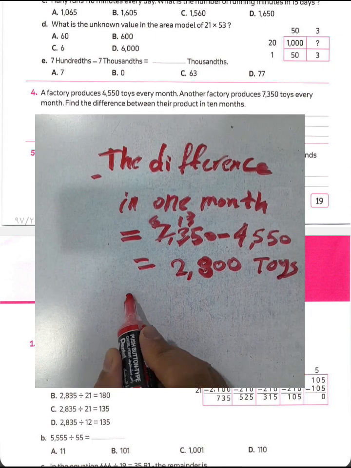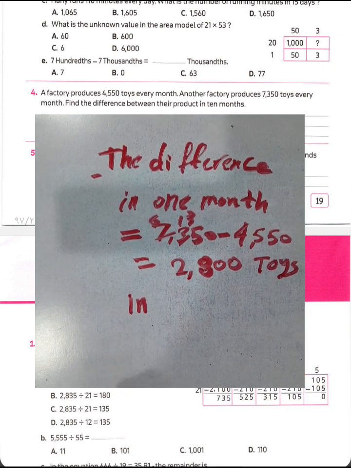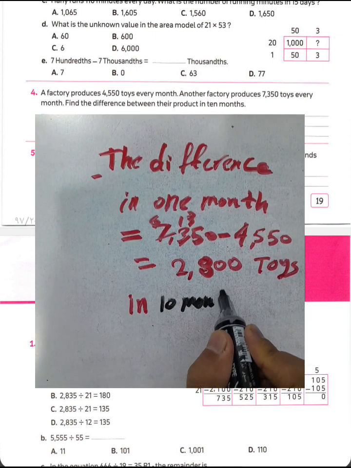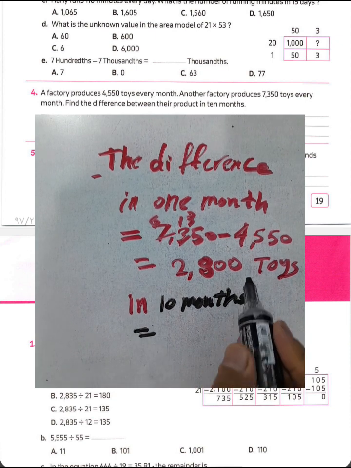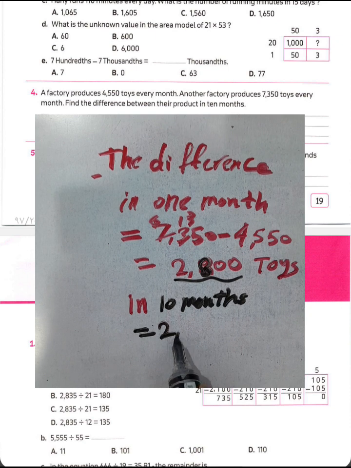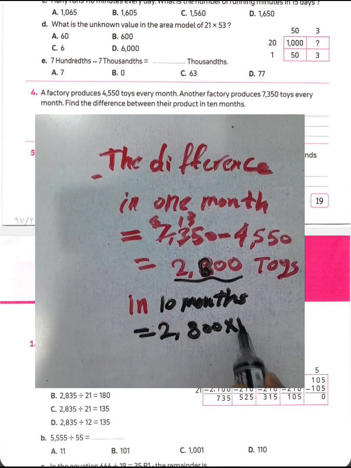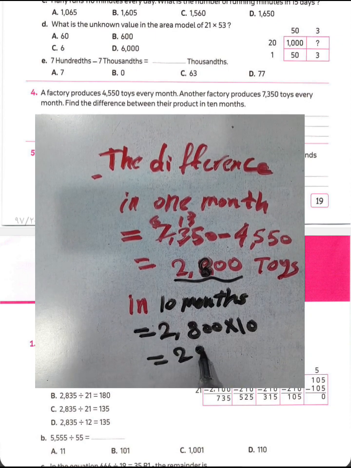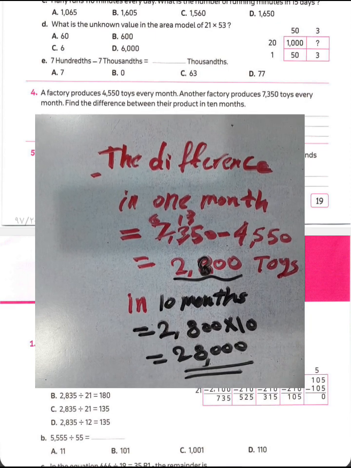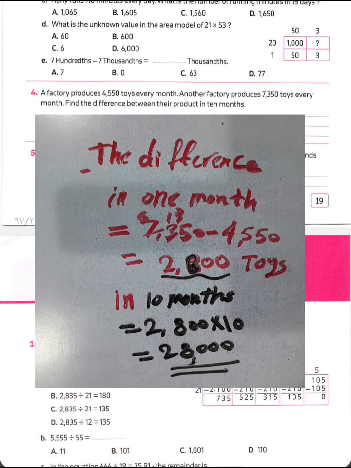Then we can find it in 10 months. In 10 months, we will find the result by multiplying by 10. 2,800 times 10 will be 28,000 toys.